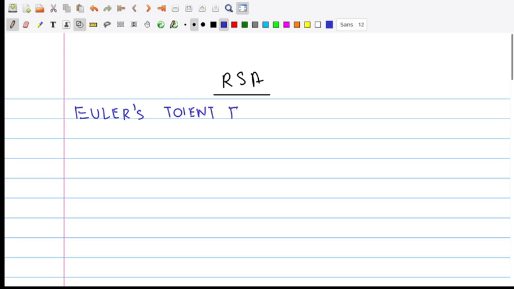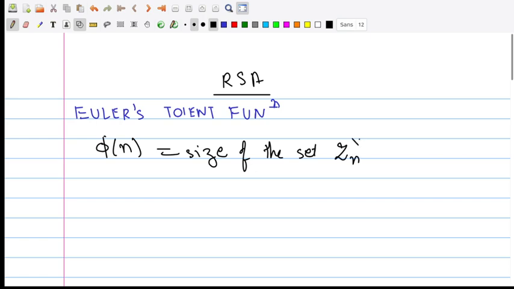The Euler Totient function is represented by phi of n, which equals the size of the set Zn star. Now what do we mean by this?